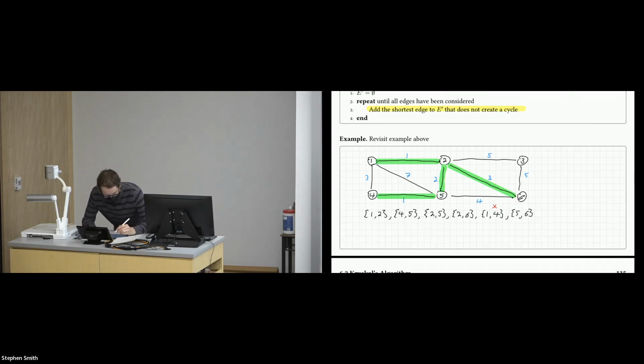Again, that would create a cycle, right, of length 3. So don't add that. Next, I just have the 2 edges of length 5, right, which is 2, 3, and 3, 6. To mix it up, I'll consider 2, 3 first. That creates this edge. That's all good. And then finally, 3, 6, which now would create a cycle.